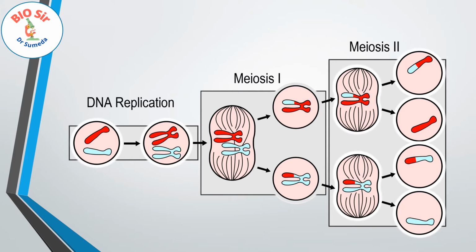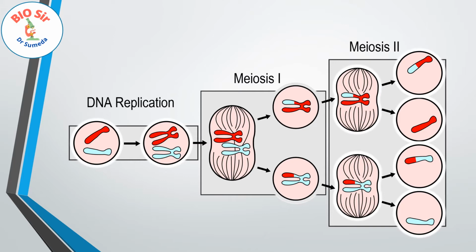So there's a reduction of nuclear material in meiosis 1. After meiosis 2, we will have four haploid cells which are different from each other. We call them non-identical.